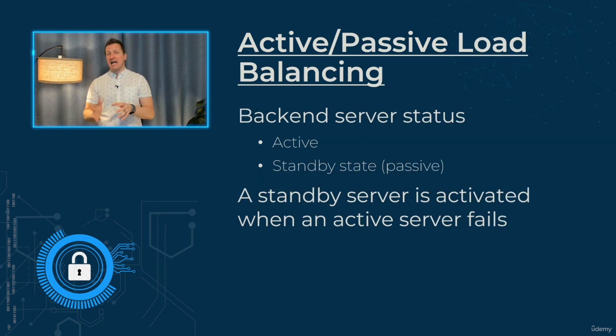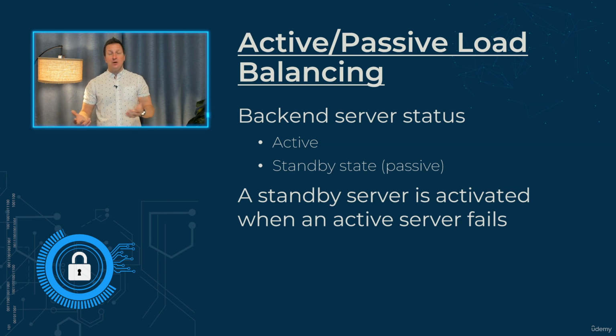Now, an active-passive load balancing configuration means that we have an active back-end server, but then we've got standby servers just in case, but they aren't actively involved all the time with client requests, as we just discussed with an active configuration. So this is also called a passive type of standby server configuration. So the idea is that the standby servers are there, but when are they activated?